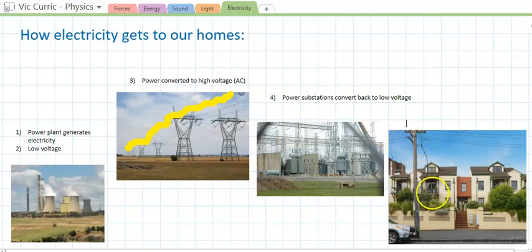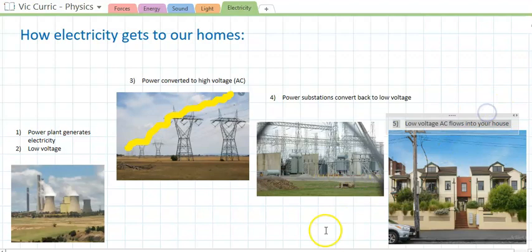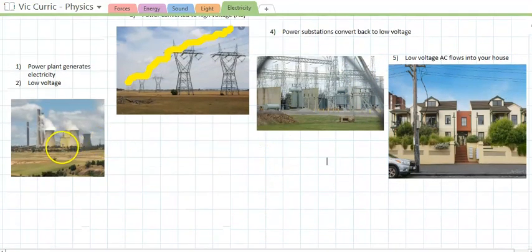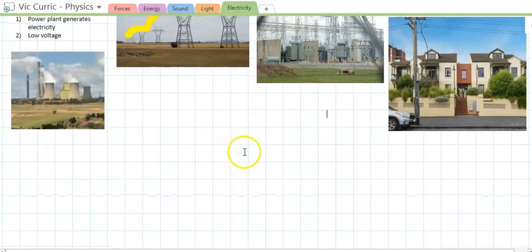And then from there, it goes into each house, ready to be used when you plug something into the power point. So low voltage AC power flows into your house. So they're the main stages of how you get power. And this is the basis of how every modern country generates its electricity.